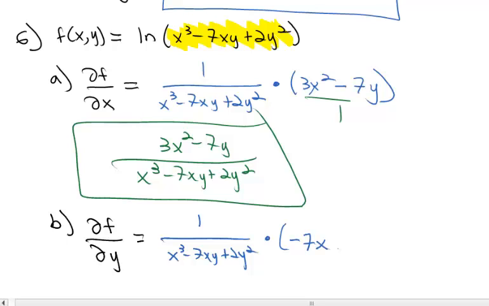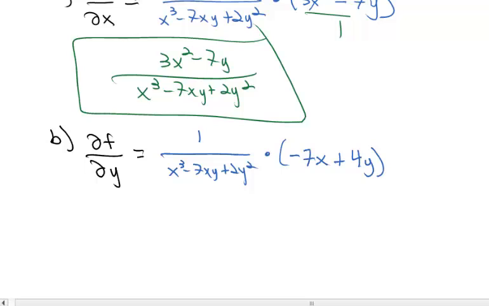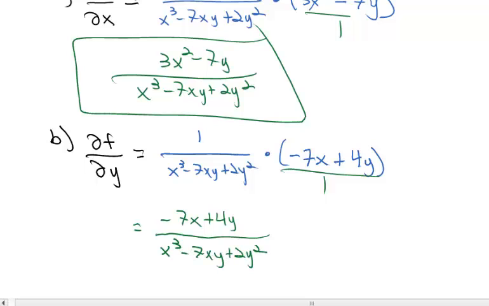The x is a constant along for the ride. Plus the derivative of 2y squared we know is 4y. And then similarly we'll clean it up by putting it over 1. We get negative 7x plus 4y over x cubed minus 7xy plus 2y squared. And we have our final solution.